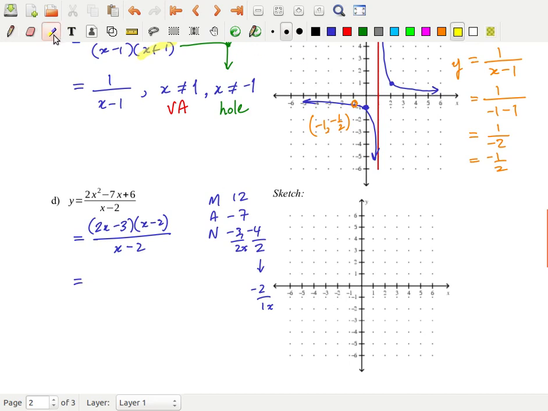Now I grab my highlighter because I want to show that those two are going to divide out, leaving behind just 2x minus 3. So at the end, this is very much like what we did before. We've got a straight line here. We have a restriction on this, which is x is not allowed to be equal to 2.